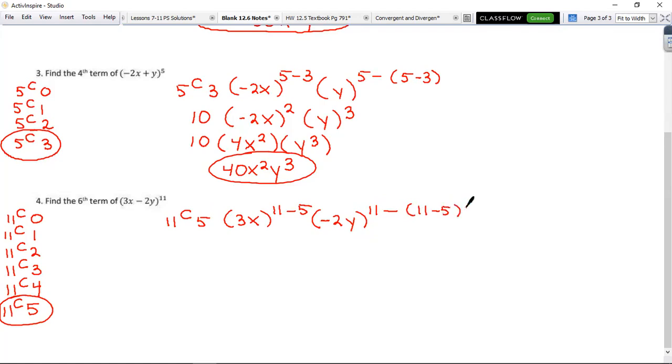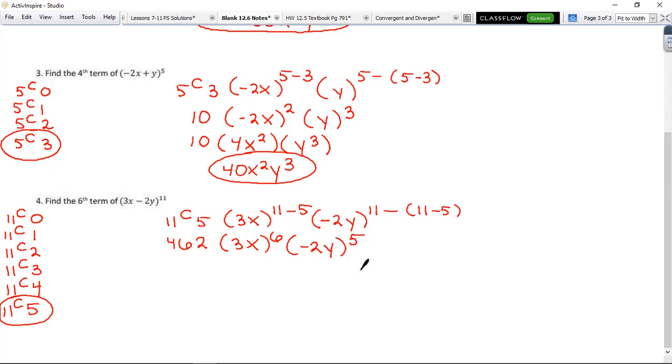So 11, choose 5 is in your calculator. So that is equivalent to 462. 3x raised to the 6th power and negative 2y raised to the 5th.